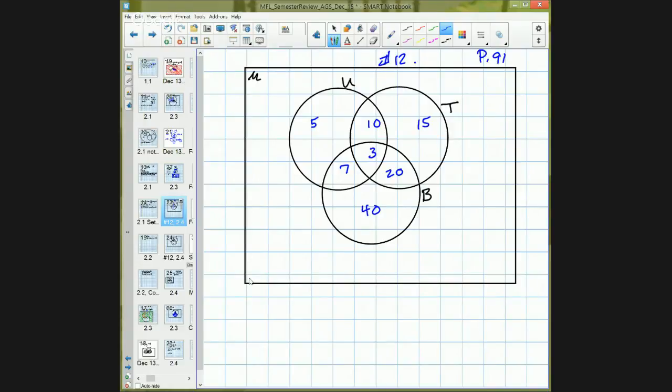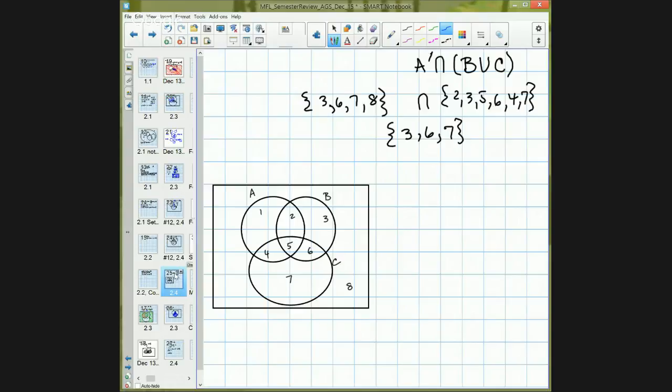Remember 2.4 was when we had to do all these puzzles, I guess you'd call them. I'll just find one. We've done this one before, but I'll do the one on top of page 88.